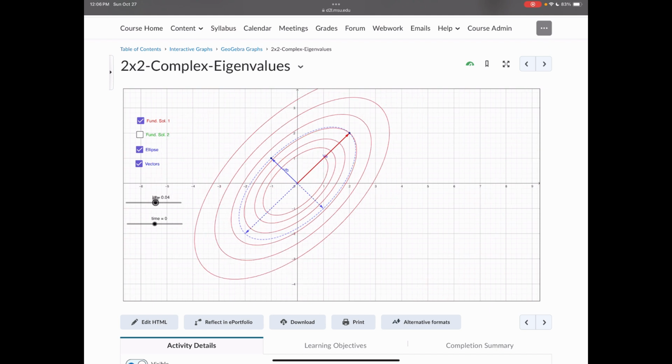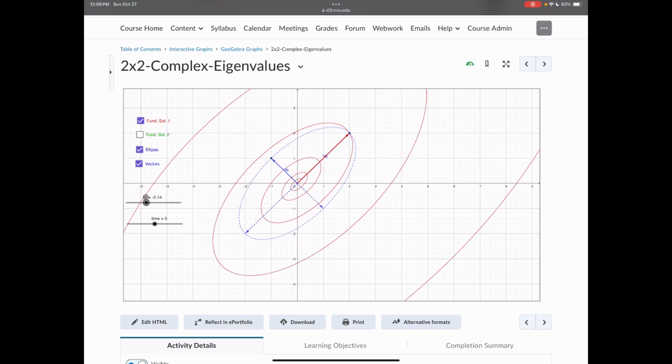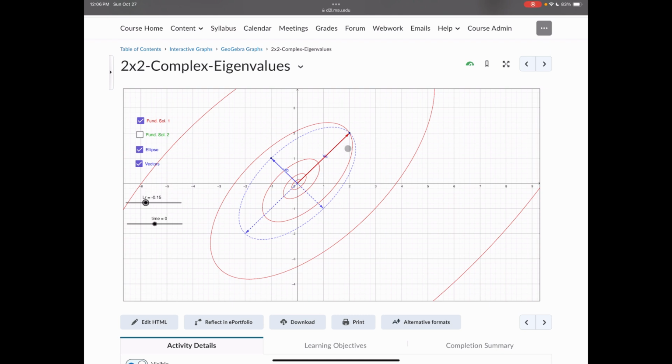What is this solution doing when alpha is negative? So let's go back to 0. There is 0, and this is negative. Now we are alpha negative. At t equals 0, we are crossing the ellipse, but now we are going inside the ellipse as t gets larger and larger, because when the solution is in the direction of negative b, the solution vector is shorter now, because the solution has an exponential with a negative exponent.